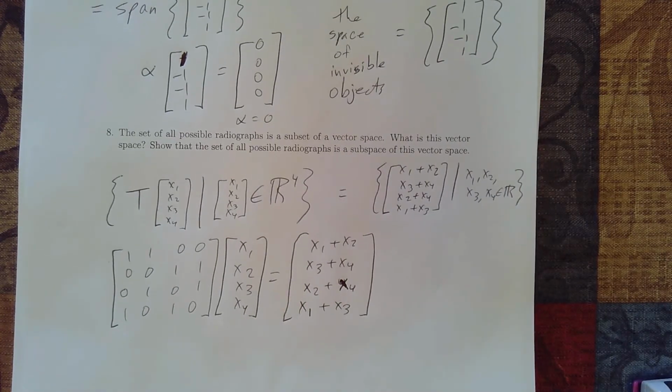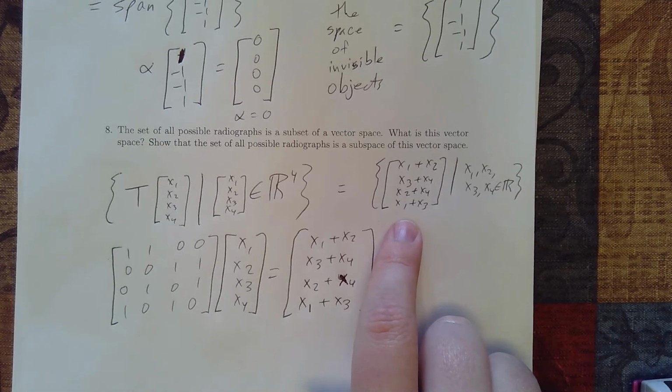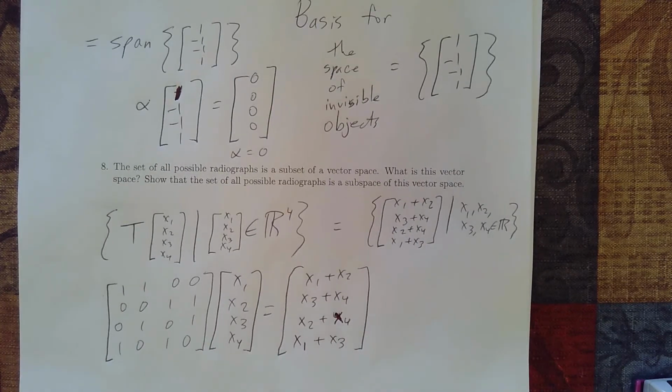So now we've got this set of possible objects we're looking at, and these are going to be the collection of all of the outputs we are going to get from this transformation, from going through this radiographic process.